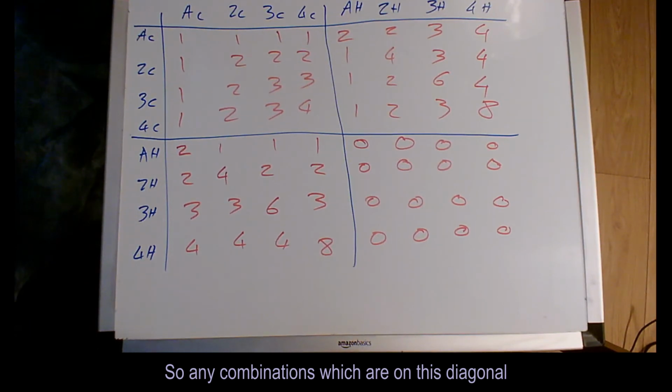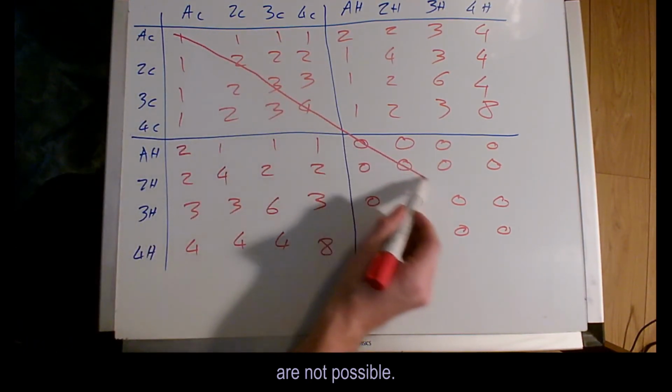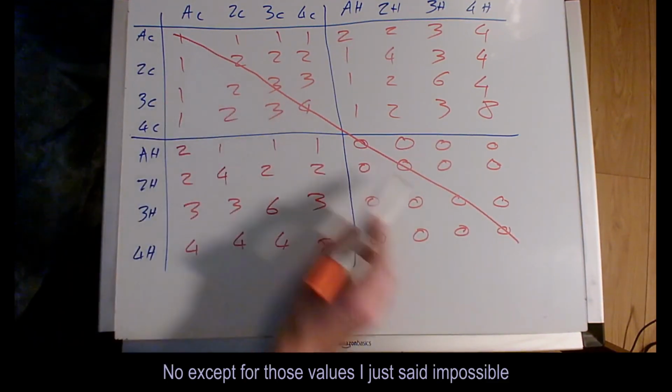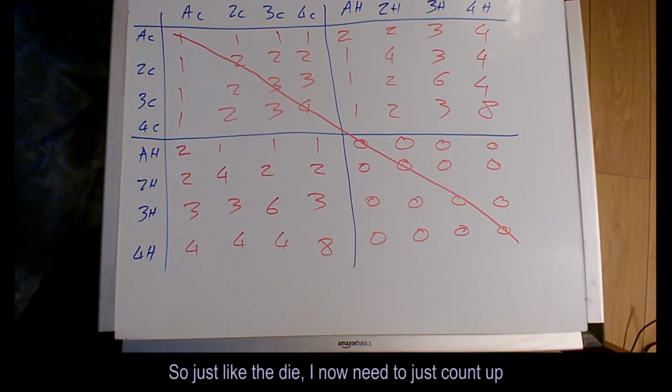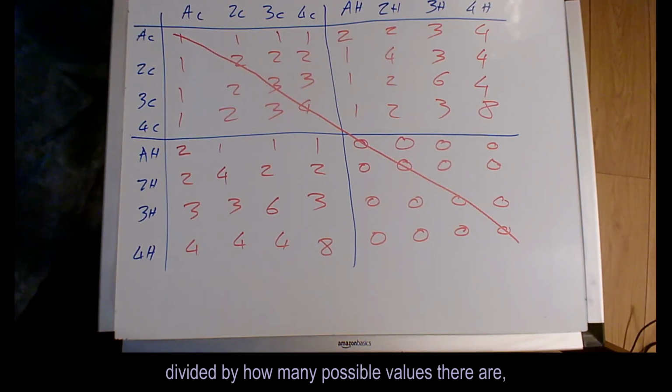So any combinations which are on this diagonal are not possible. Now, except for those values I've just said are impossible, all other values are equally likely here. So just like the die, I now need to just count up how many of each value there are, divided by how many possible values there are.